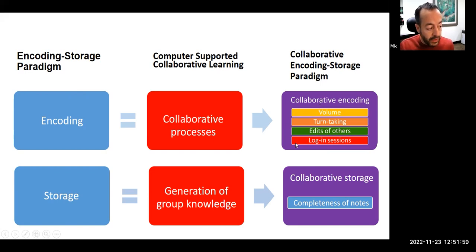It looks at encoding as a collaborative process that could be explained through these variables that I'm measuring. Each of these variables can be viewed at an individual level or a group level. And then collaborative storage is another one, because this one can only be viewed at a group level. It means the entire set of notes produced by the group, and particularly the quality of those notes as measured by their completeness.